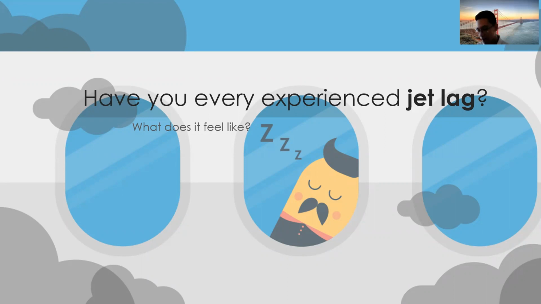And then you have jet lag. So what does it feel like? You can pause the video right now and recall that memory. For me, I have a lot of experiences of having jet lag.